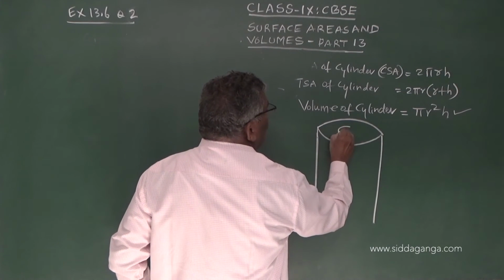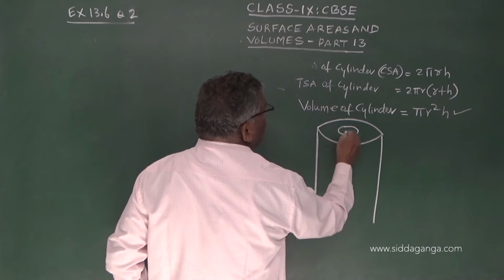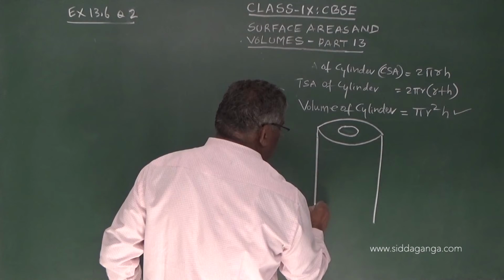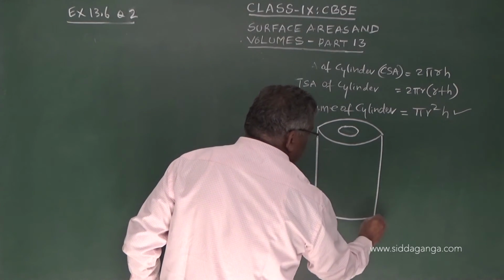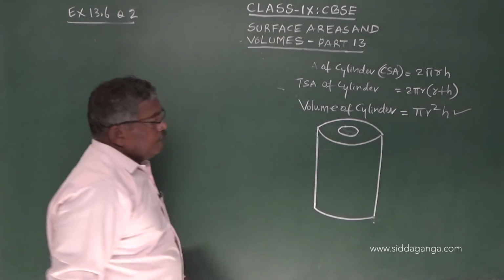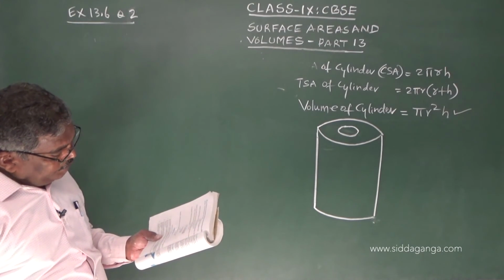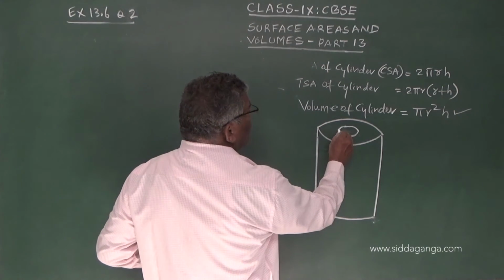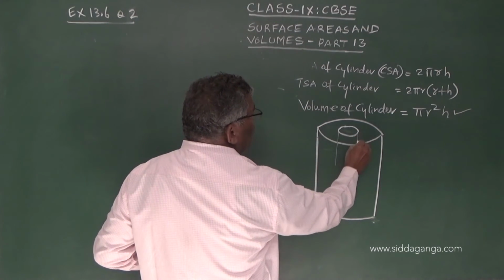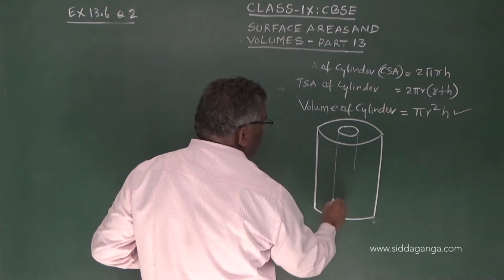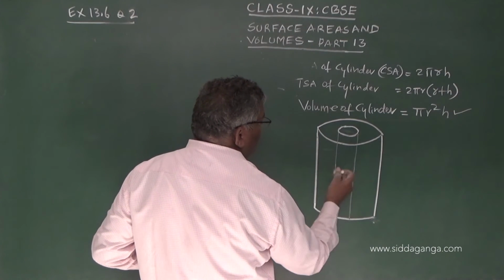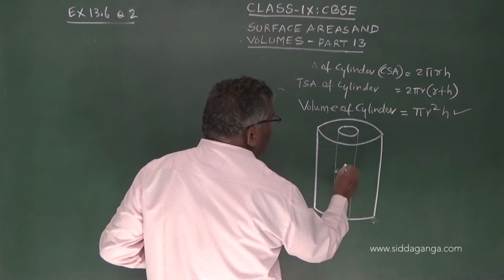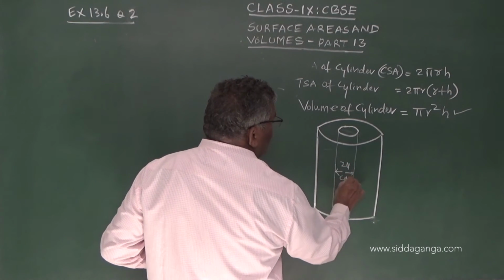and it is hollow in the center and it is like this. The inner diameter of the wooden piece is 24 centimeter. So this is the inner diameter, and from here to here it is 24 centimeter.